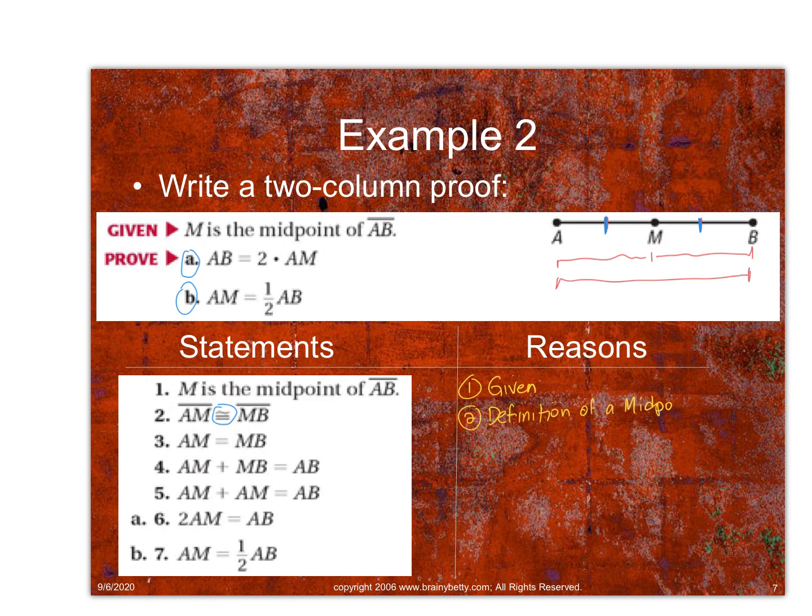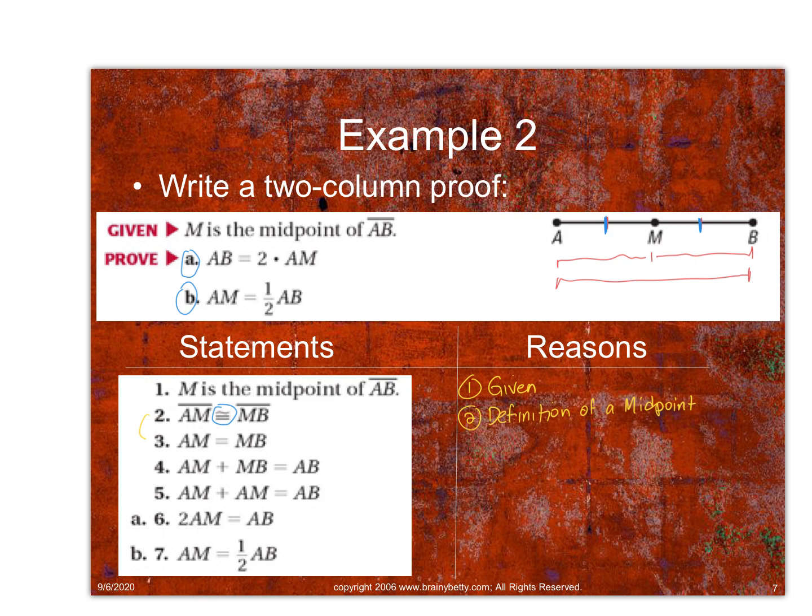We learned that if M is between A and B, and if M is the midpoint, the length of AM would be equivalent to the length of MB. In other words, segment AM is equal to segment MB. So definition of a midpoint tells you that the 2 segments are congruent.